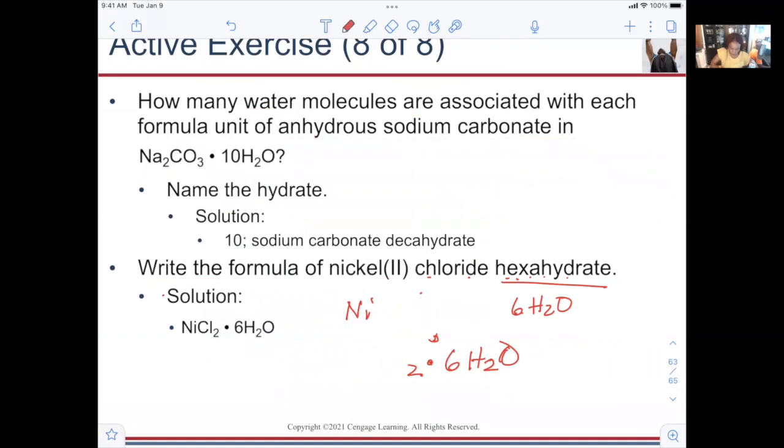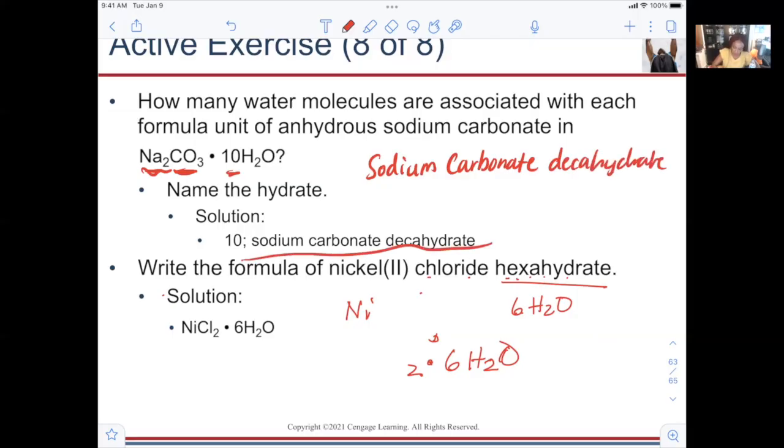Here we have, once again, a regular ionic A compound, so you don't have to provide the charge. It's going to be sodium for the first element, and then this is going to be carbonate. And then we have 10, decahydrate, like you see right here.